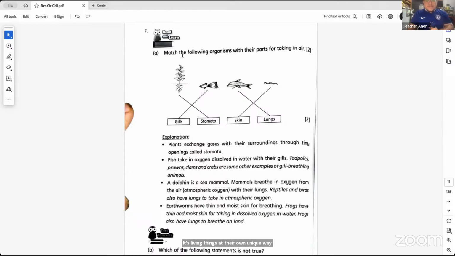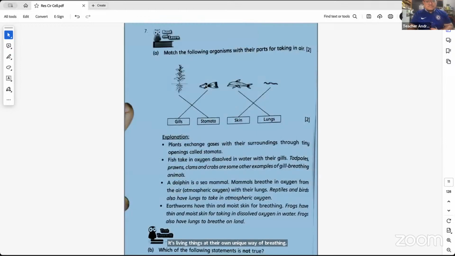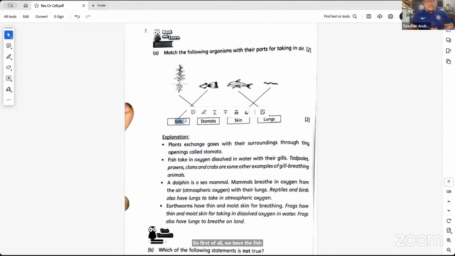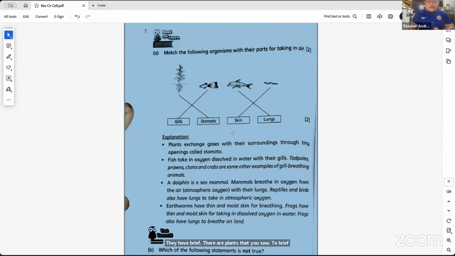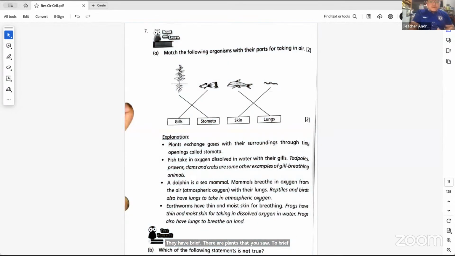First, we have the fish that breathe with gills. The plants use stomata to breathe. The earthworms or frogs use skin to breathe. We have mammals, be it sea mammals like dolphins or land mammals like humans. We use lungs. Reptiles and birds also use lungs to breathe in.